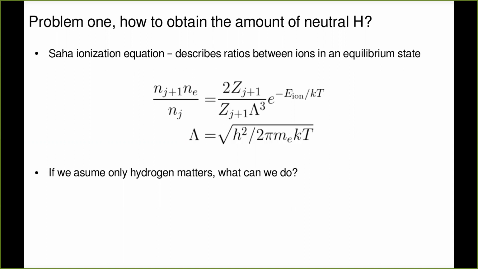And then I have various constants here. For those of you who are curious, lambda is the de Broglie wavelength of an electron, and it depends on the temperature. And Z are the so-called partition functions. The partition function is a generalization of the degeneracy or the statistical weight.